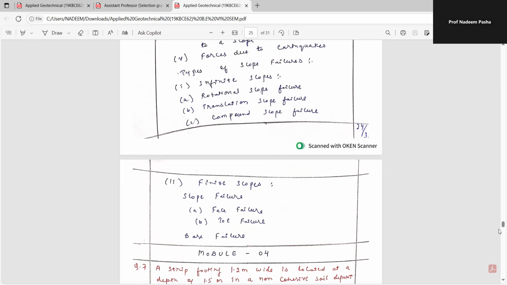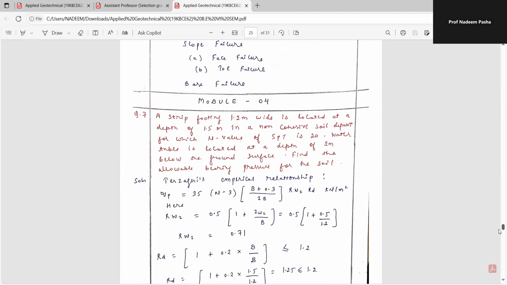Now module 5. A strip footing 1.25 meter wide is located at a depth of 1.5 meter in a non-cohesive soil deposit for which N value of SPT is 20. Water table is located at a depth of 2 meter below the ground surface. Find the allowable bearing pressure for this site. Terzaghi's empirical relation, so qp is equal to 35 into N minus 3 into B plus 0.3 divided by 2B, into Rw2 into Rd kilonewton per square meter. Here Rw2 is equal to 0.5 into 1 plus Zw2 by B equal to 0.5 into 1 plus 0.5 by 2.